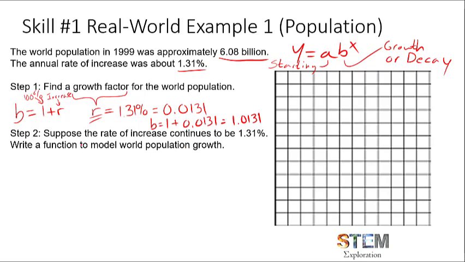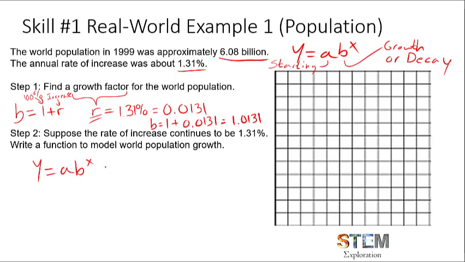Suppose the rate of increase continues to be 1.31%, write a function to model the world population growth. This is where we can start combining some of this stuff. Again, if you are trying to make an exponential model, y equals a times b to the x power.